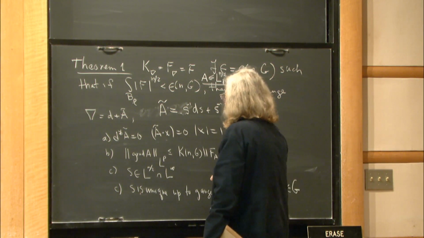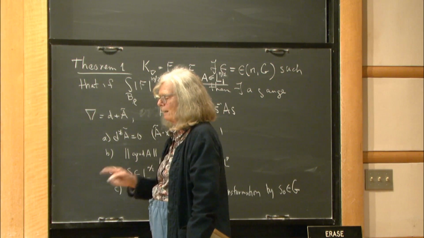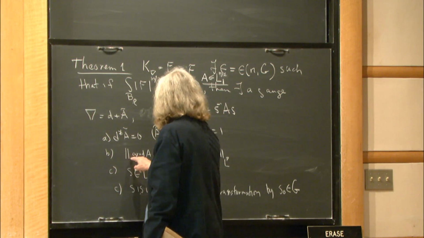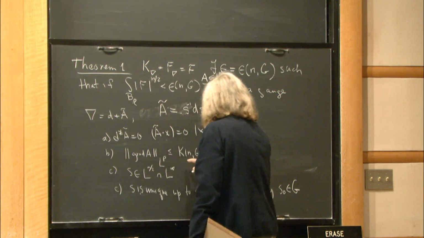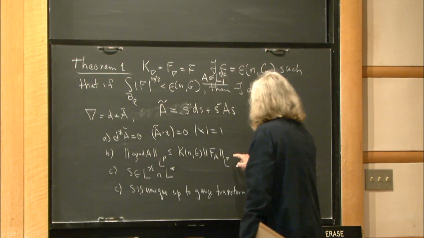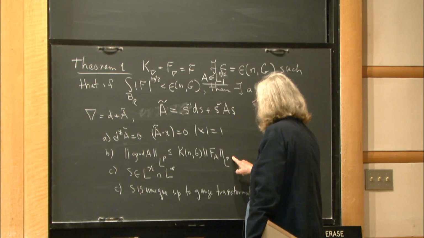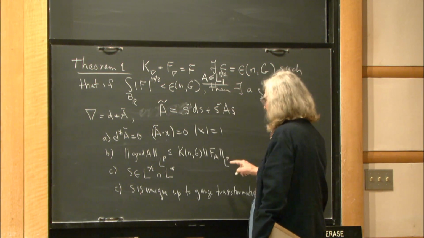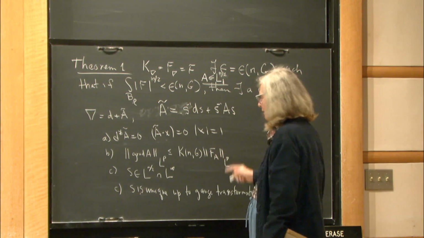And the gradient of A, here I don't mean nabla because nabla is a connection, I mean the actual derivative, the gradient of A is bounded by the curvature that we had a bound on for all P where all this makes sense.